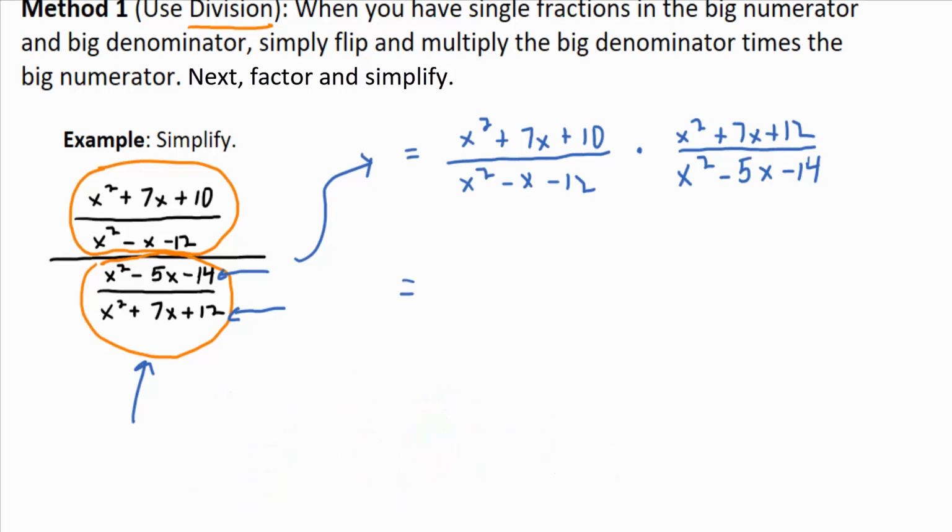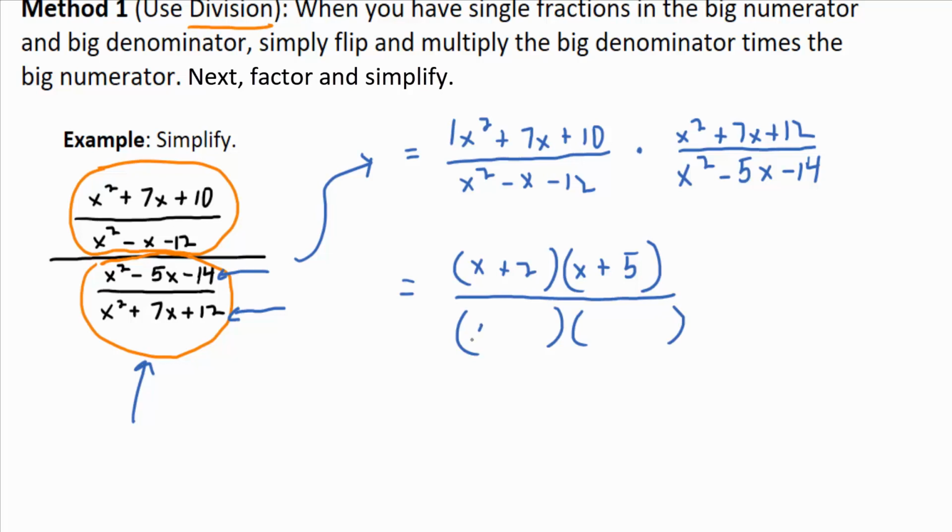Okay, and then factor everything. So x squared plus 7x plus 10. The good news is there's a 1 here, so it's a very systematic trinomial. What do you get? Plus 2 and plus 5: x plus 2, x plus 5. The left-hand denominator, same situation, a very straightforward trinomial.